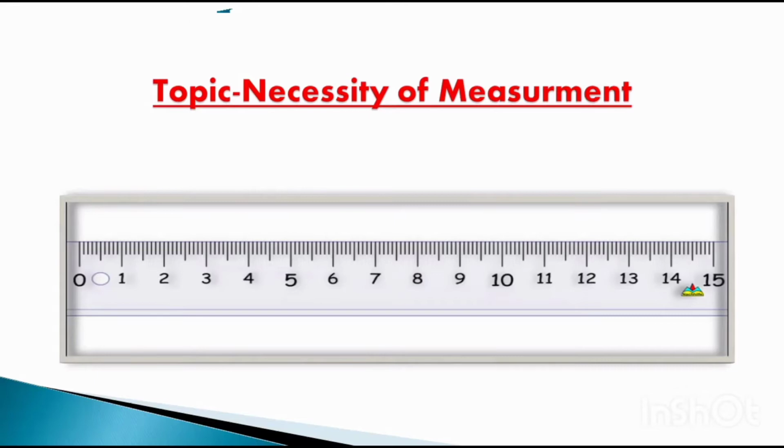The ruler is maximum 1 foot, or in some cases more than 1 foot. So in this chapter, in this lesson, you will learn about the necessity of measurement and why measurement is needed. All the things we will learn and we will apply in our daily life also. So let's see.